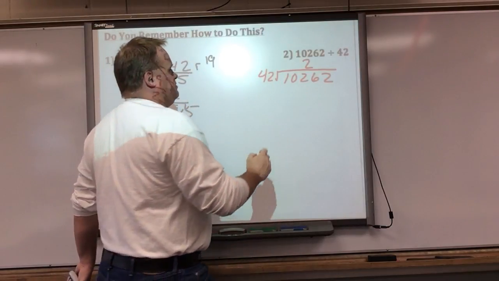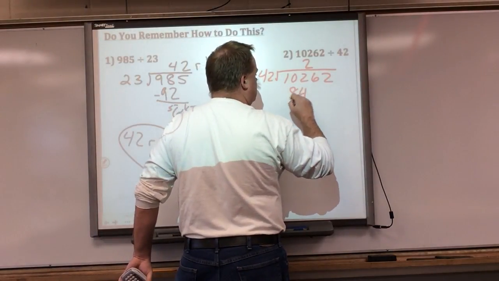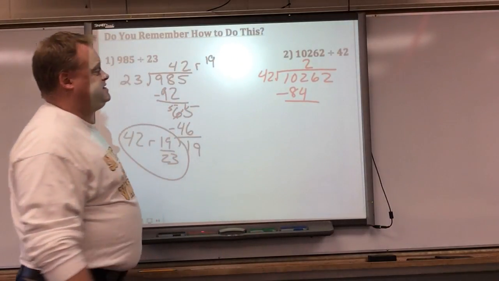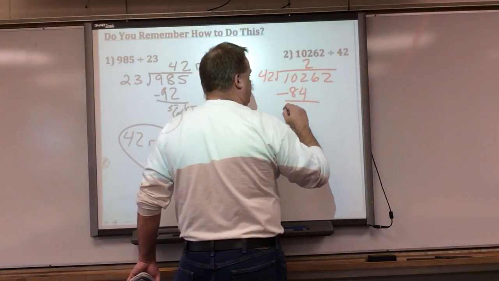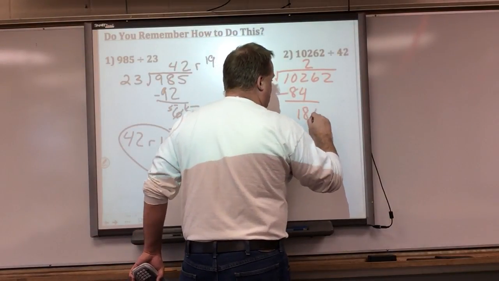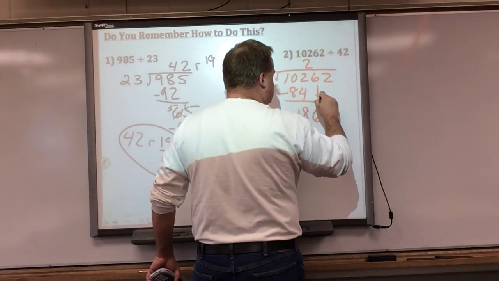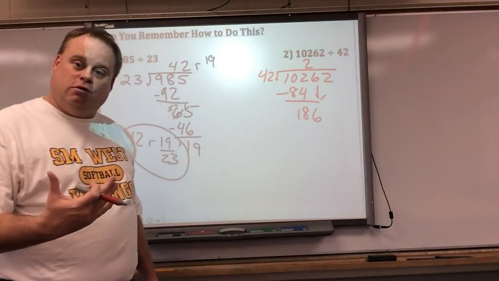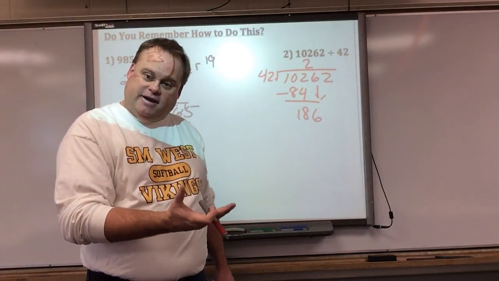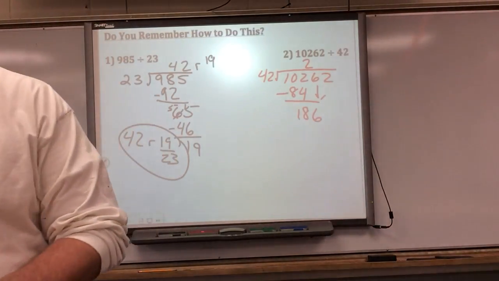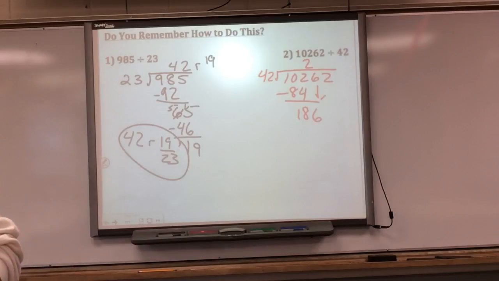Well, 42 times 2 is 84. Remember, I have to subtract. So that's 18 left over. So 186 when I bring down the 6. Remember, that's how we do old school division. We bring down the next term, right?